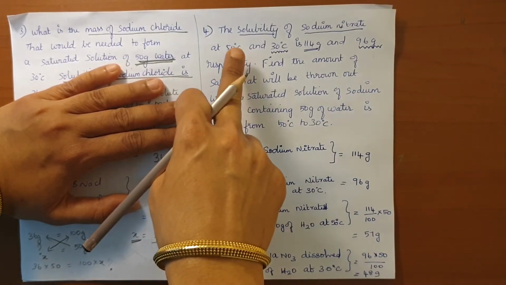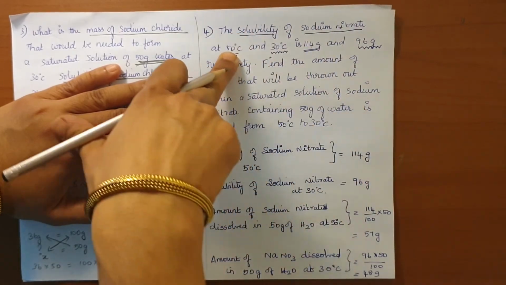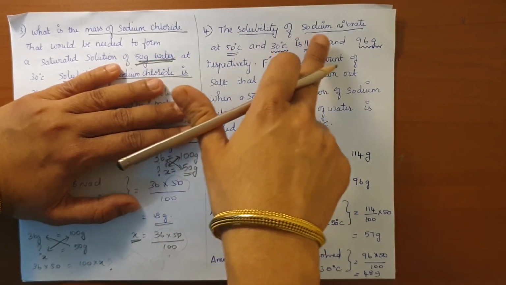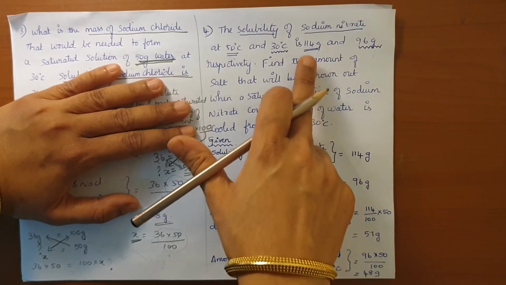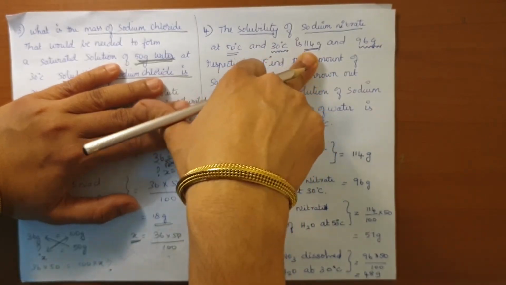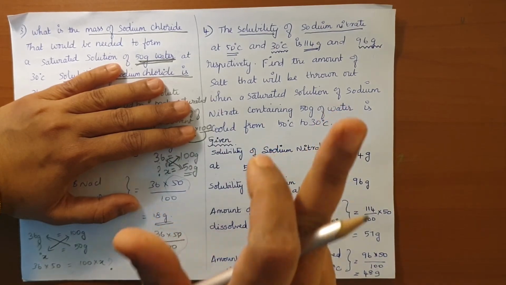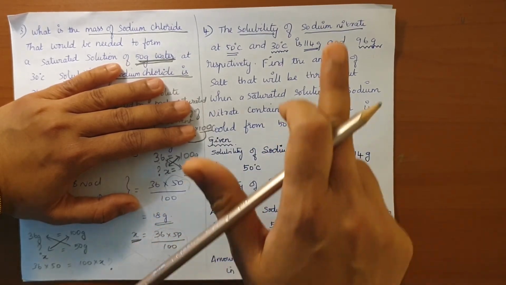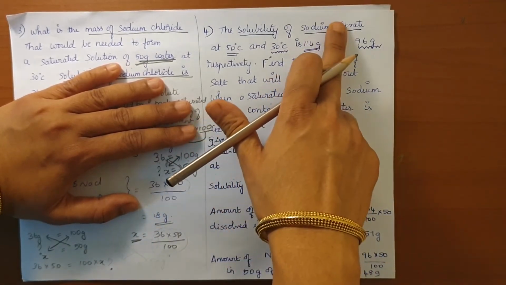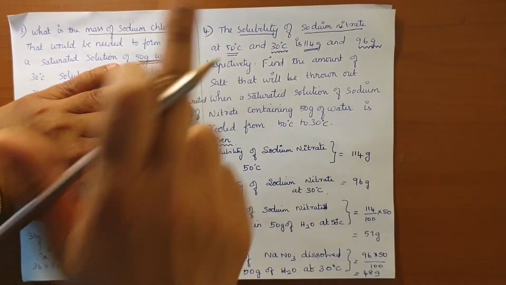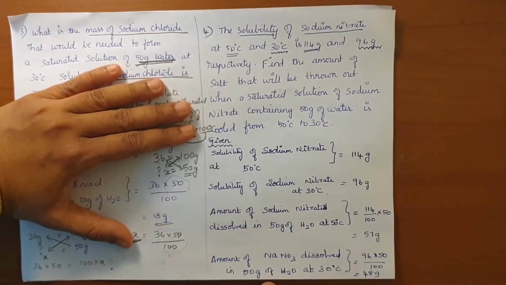At 50 degrees, the sodium nitrate amount will be 114 grams. That is, 114 grams of sodium nitrate can be dissolved in 100 grams of water at 50 degrees.